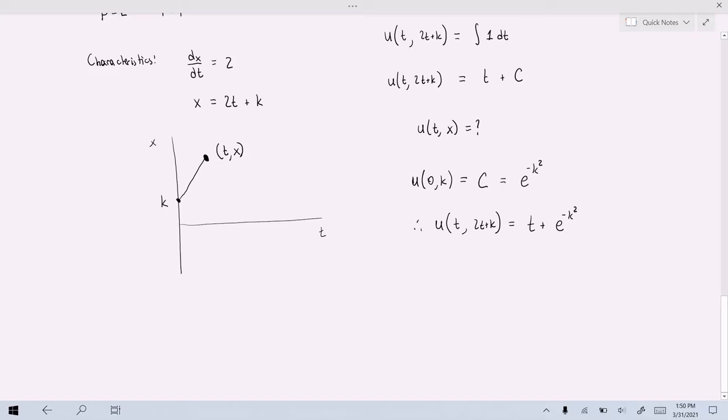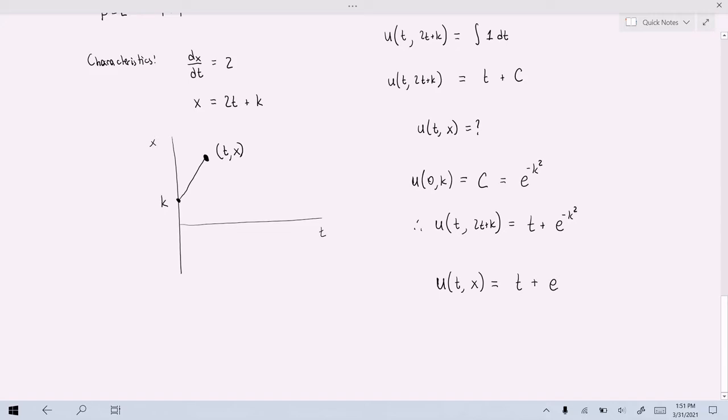Now, what we want to do though is write our answer in terms of t and x rather than t and k. It'll work the same way as before. We just need to replace k with an equivalent expression in terms of x and t.